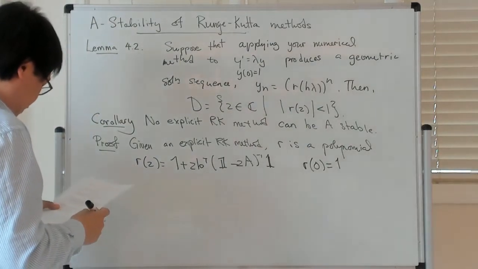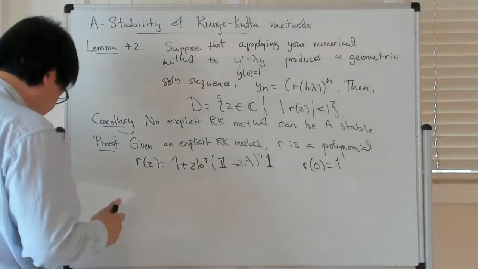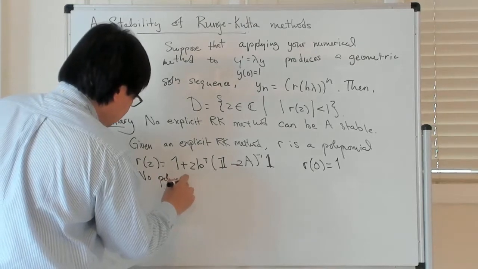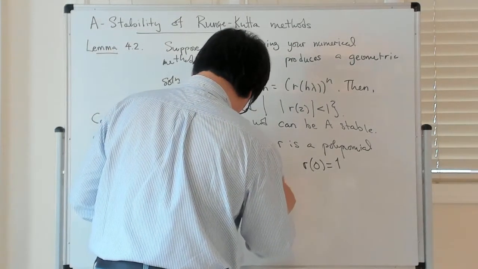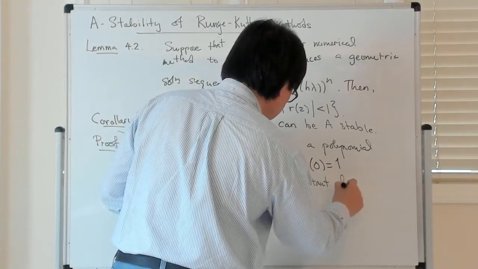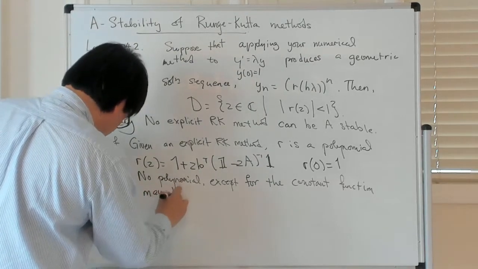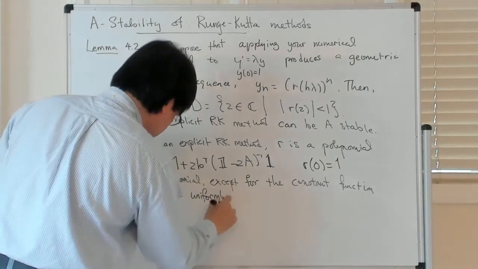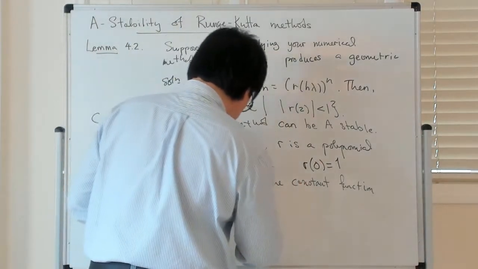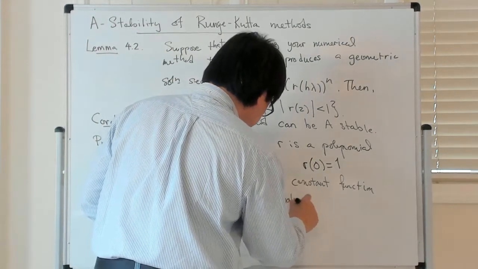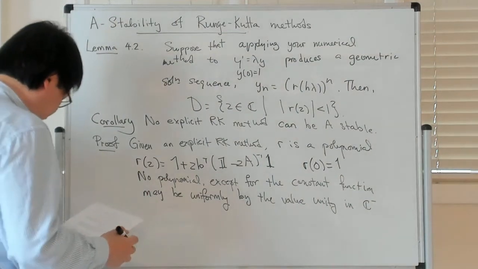And so the problem is that no polynomial except for the constant function may be uniformly bounded by the value unity in the negative complex half plane, and that implies that you don't have A-stability.